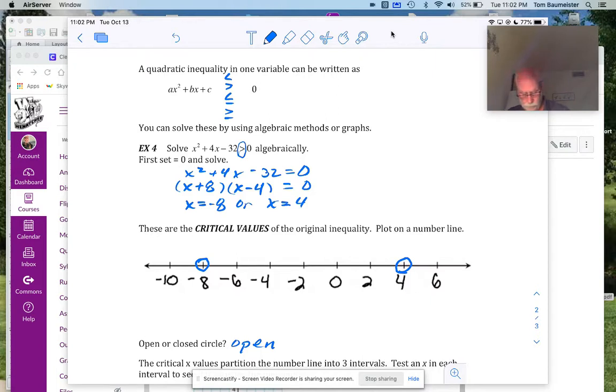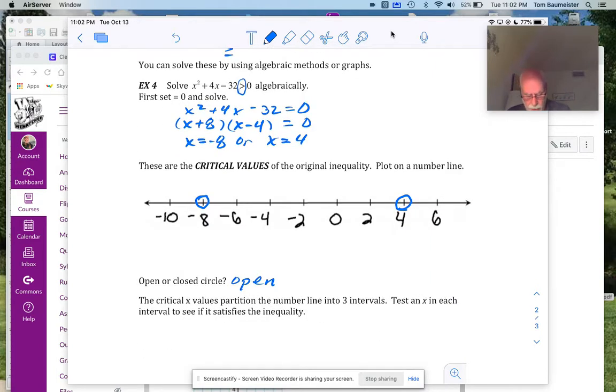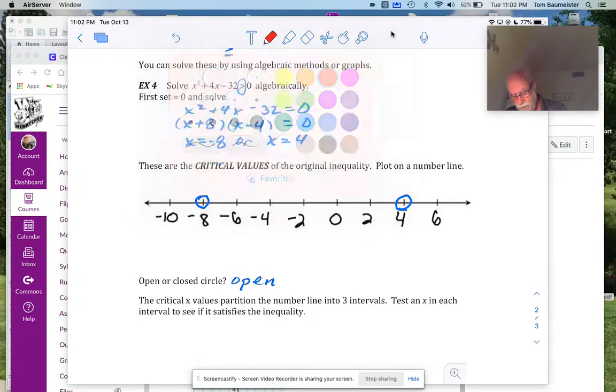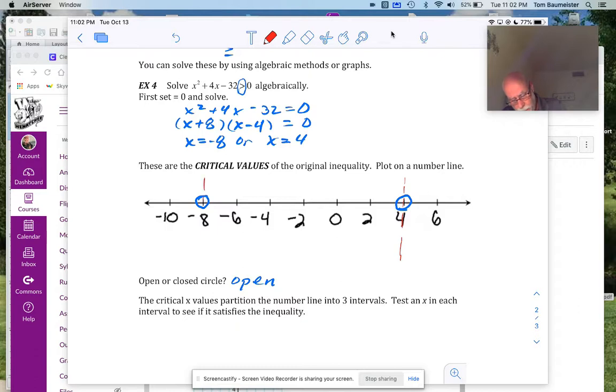Okay. So now these critical x values partition the number line into 3 intervals. You should be able to see that, because if I drew a line through here and a line through this one here, we do have 3 intervals. There's 1, there's 2, there's 3. So they're saying to test an x in each interval to see if it satisfies the inequality. So you're going to choose a number in each one of them.